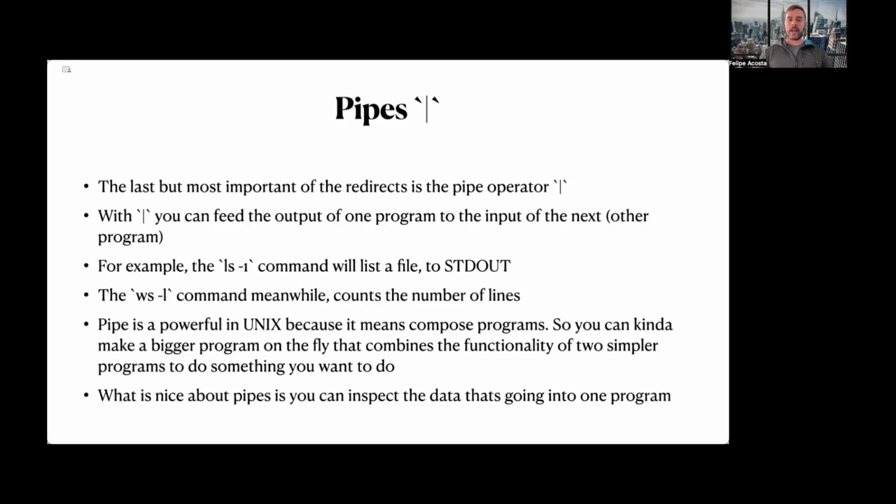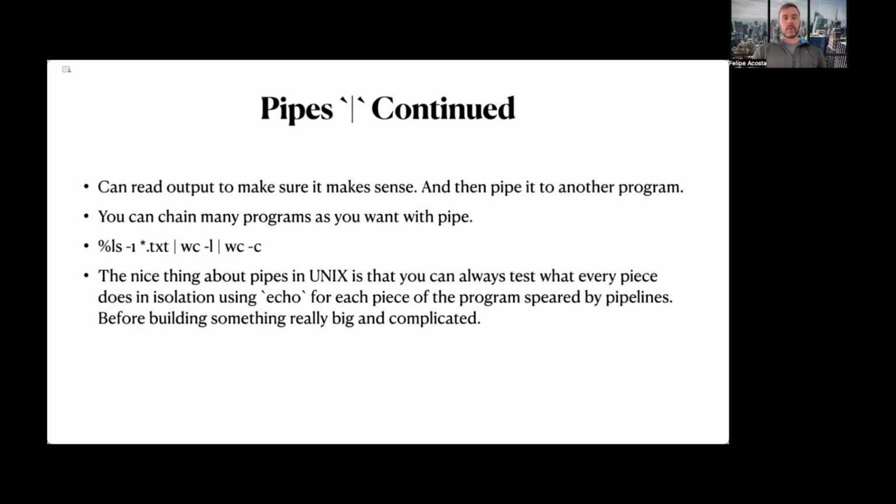What is nice about pipes is that you can inspect the data going into one program by running it individually and then ultimately piping it together to create a bigger program. So you can read output to make sure it makes sense and then pipe it into another program to make sure it works. You can chain as many programs as you want with pipe.